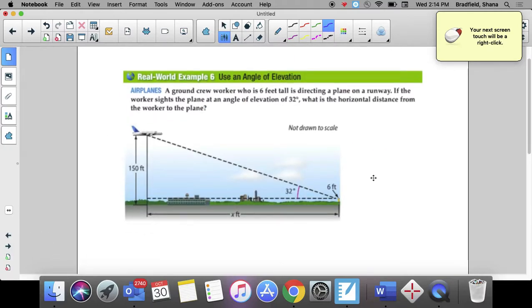And we have an example of that here with our little airplane problem. It says a ground crew worker who is 6 feet tall is directing a plane on a runway. If the worker sights the plane at an angle of elevation of 32 degrees, what is the horizontal distance from the worker to the plane? So we already have it marked off here.